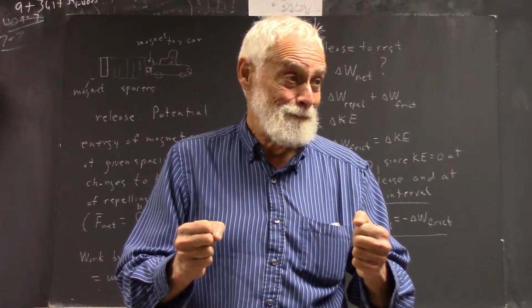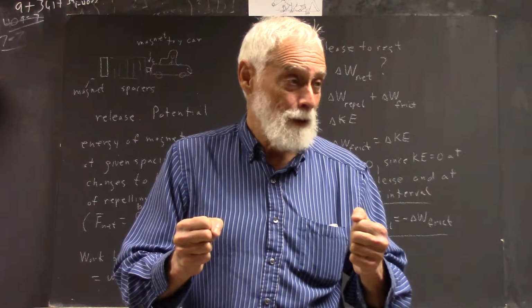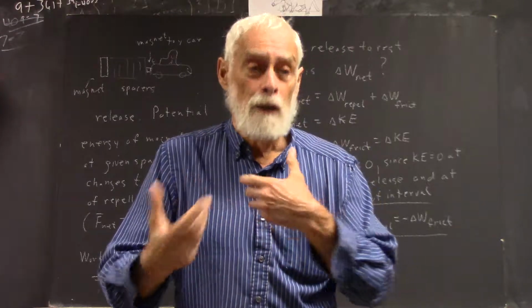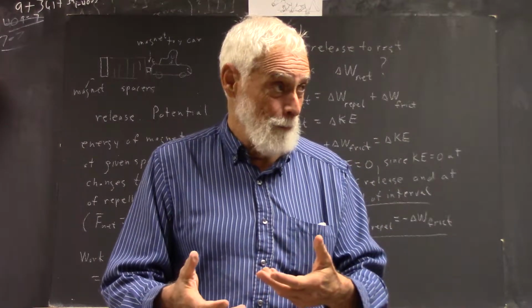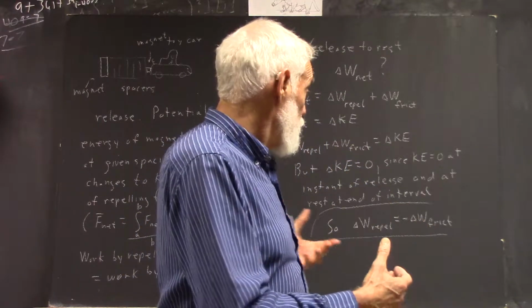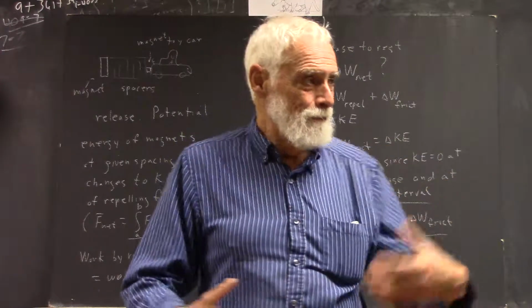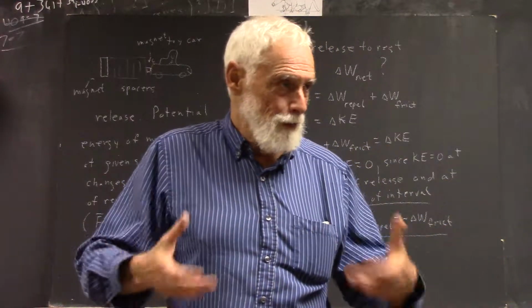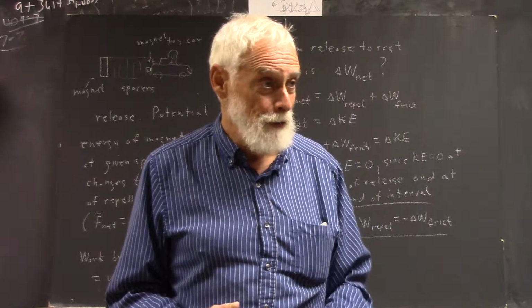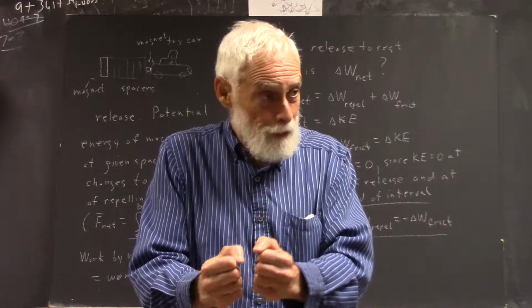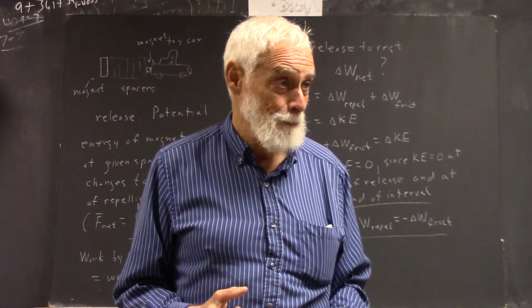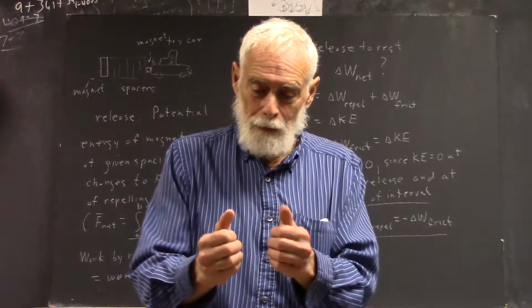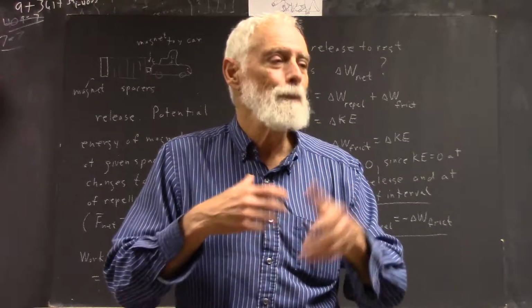That's why. Potential energy is the potential to do work. And since the work done by the net force is equivalent to the change in kinetic energy, if the net force is just a magnet force, then if we release, you can make that connection.